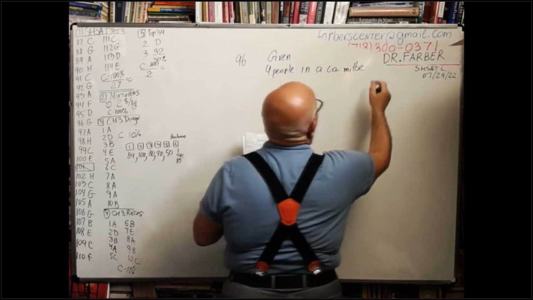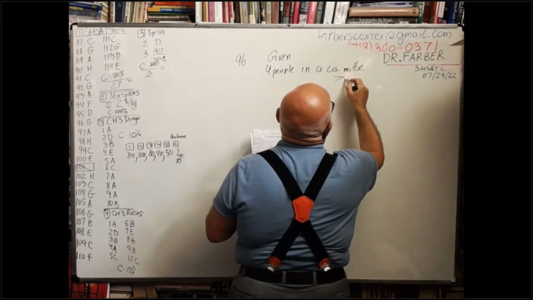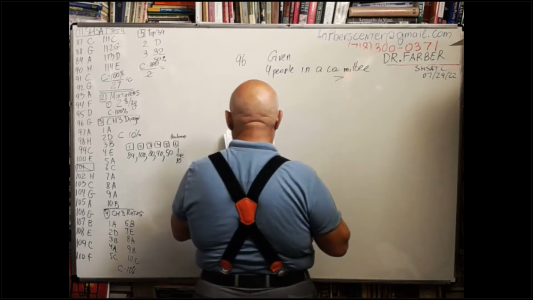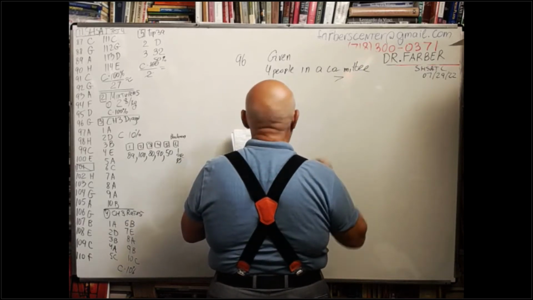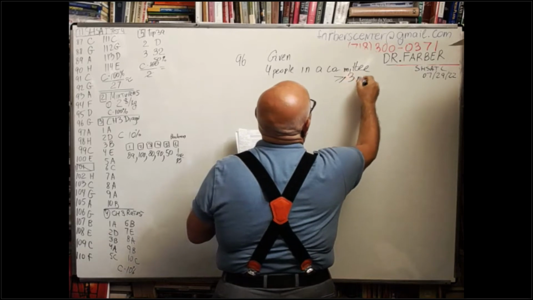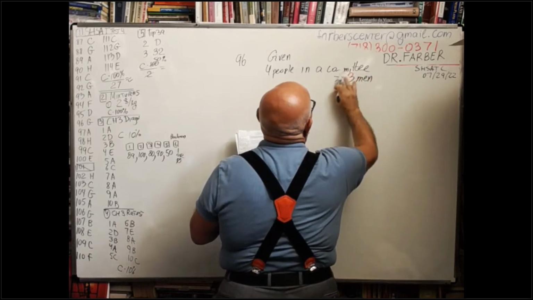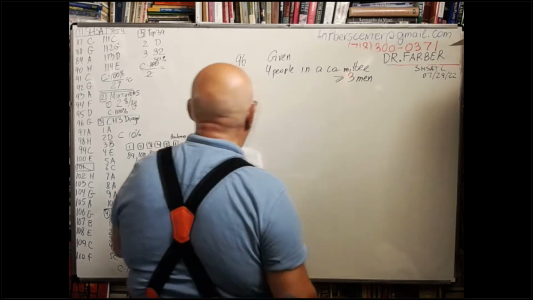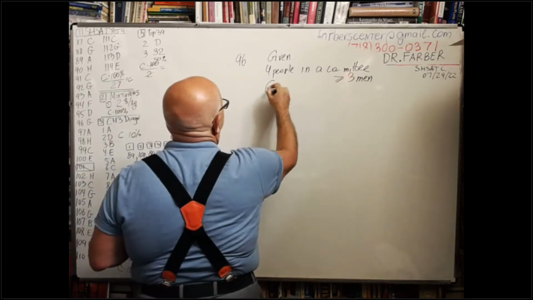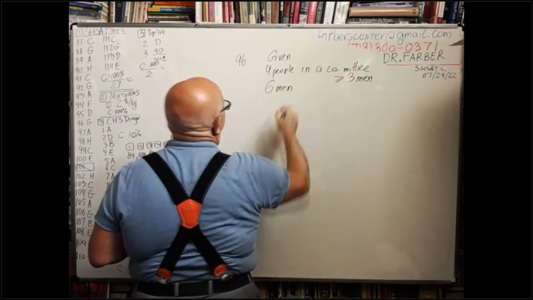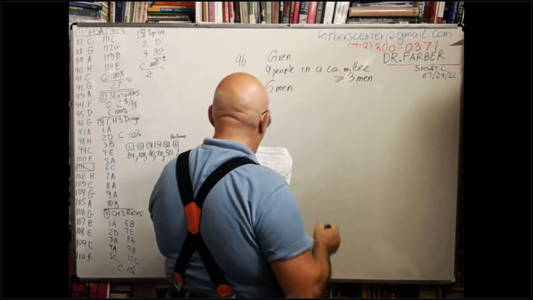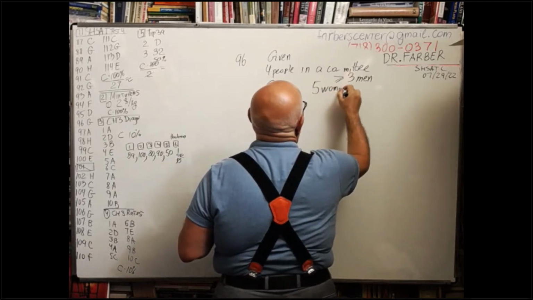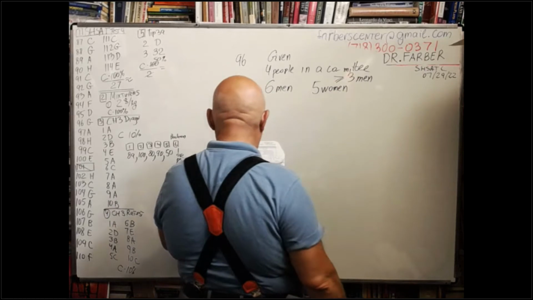And it's supposed to be greater than or equal to 3 men. Think about it. What else? Given there are 6 men and 5 women.